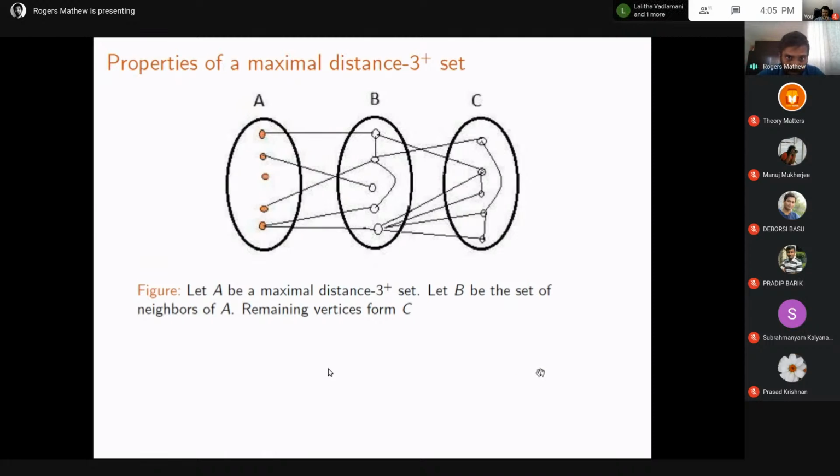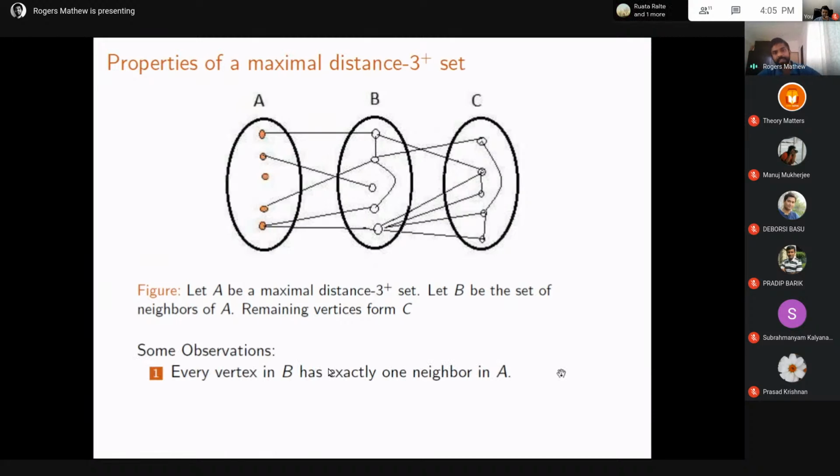Now, such a thing has the following properties. Some observations we are making. First thing is that every vertex in B has exactly one neighbor in A. Can you see that? Suppose this vertex had 2 neighbors in A. Then those 2 neighbors are at a distance of at most 2 from each other.